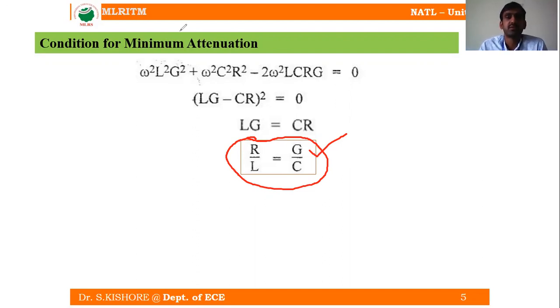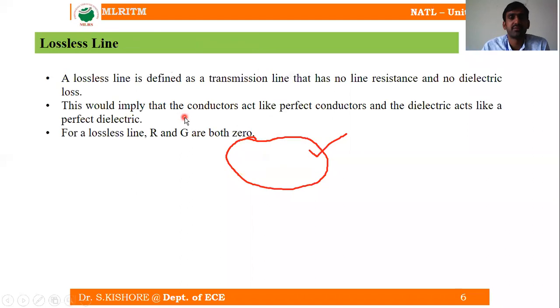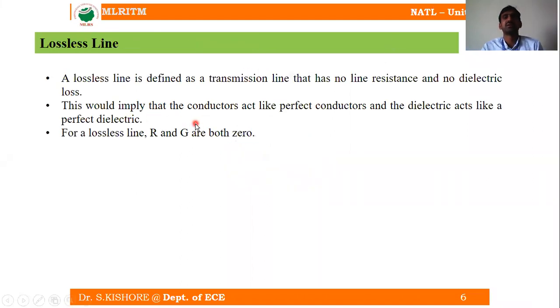Right. From this, now let us discuss the different parameters and how we can obtain them for the lossless line. Lossless transmission line. This lossless line is defined as the transmission line which has no line resistance and no dielectric loss.